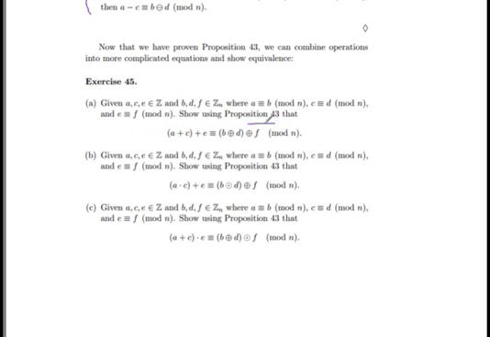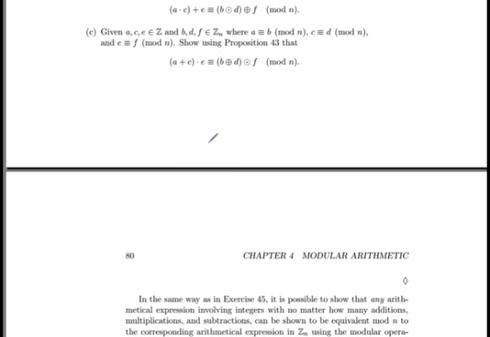I'll just give you a hint: you're going to want to apply proposition 43 twice to the left-hand side of this. And you'll do similar things for parts B and C.